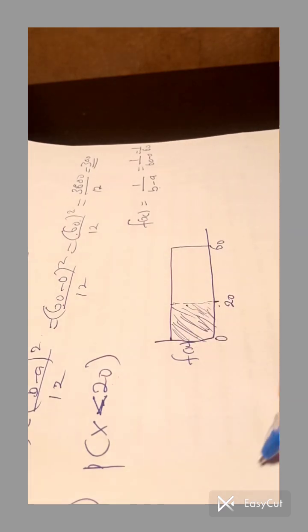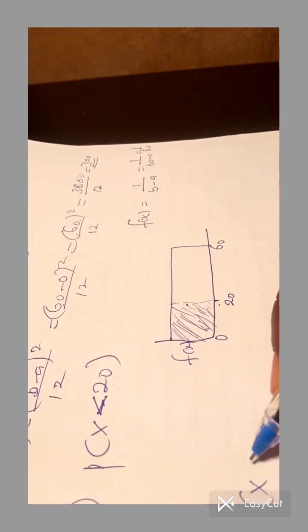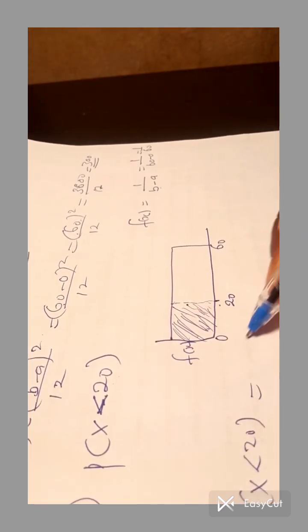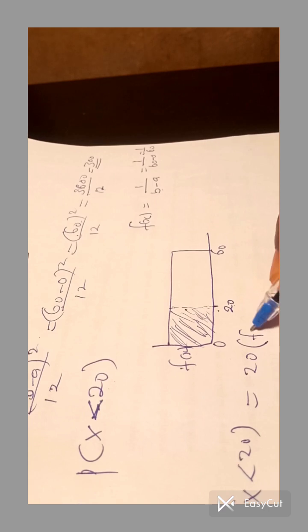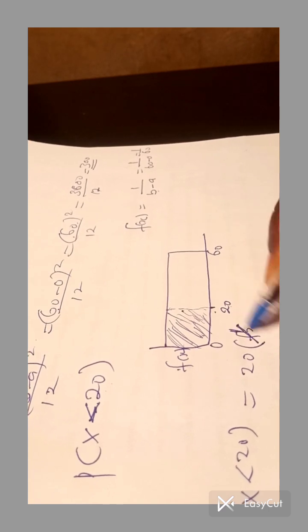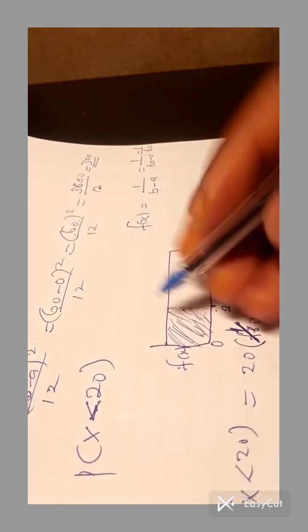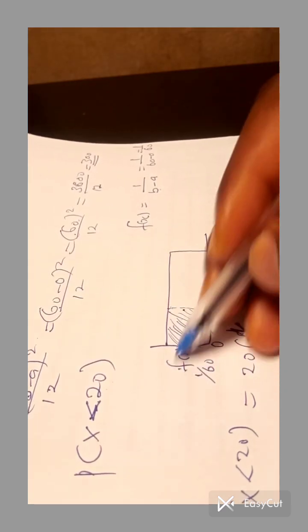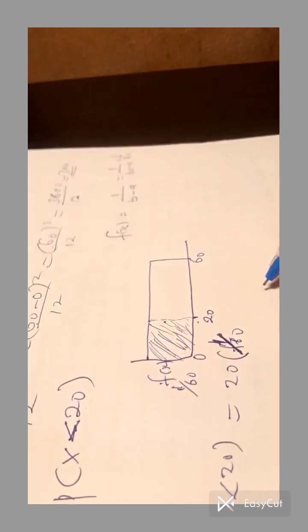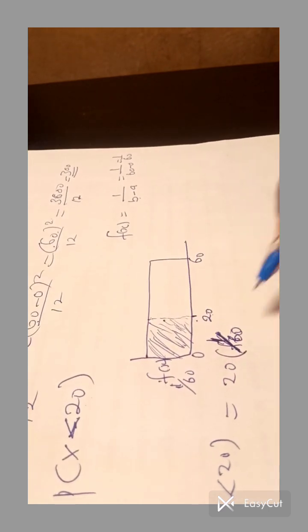So probability of x less than 20 equals base, 20 minus 0, which is 20, times height, which is f of x, 1 over 60. Remember, f of x is 1 over 60 in this case.